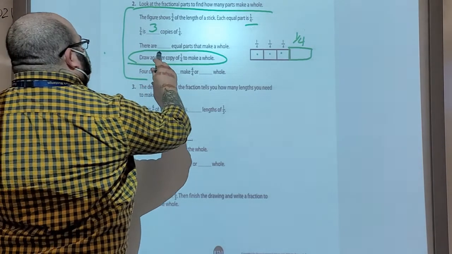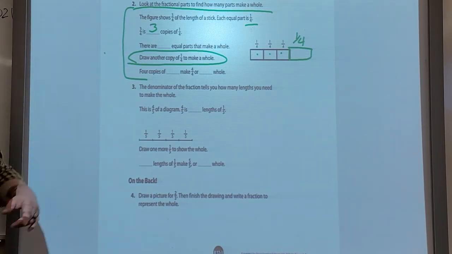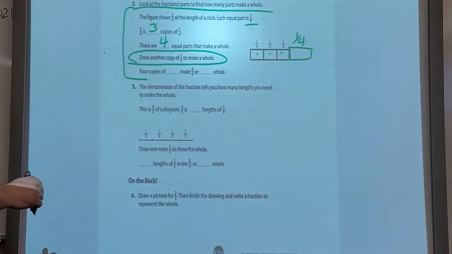Now, there are blank equal parts that make a whole. How many parts make a whole here, guys? Chloe Brewer. How many parts do we have there? 4. There are 4 equal parts that make a whole here.